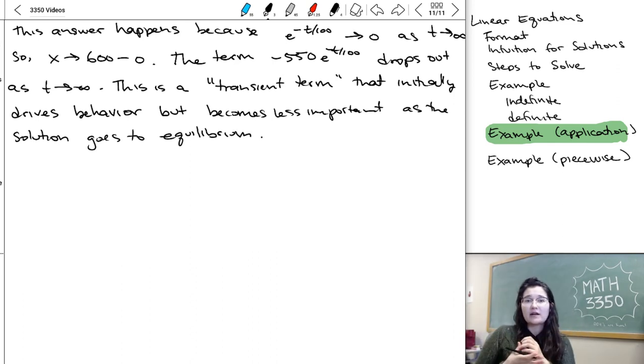And we're going to see a lot of solutions that have transient terms that go to equilibrium throughout the class. If you can think of any kind of system that wobbles around and then settles into some sort of consistent behavior, that's an example of transient terms and equilibrium states. There's lots of physical examples of that kind of thing, so usually you all in an engineering class tend to have personal examples of that.